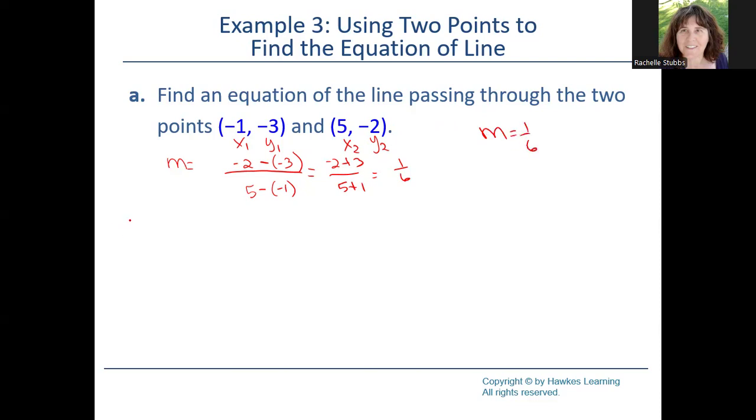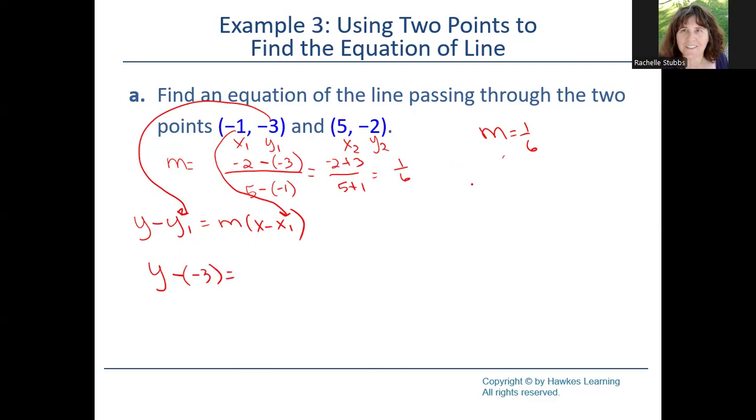Now we're going to put it into this form, the point slope form. And so we call this x1, y1. So I'm going to take this negative 3 and put it in here. And this negative 1 will go in right there. So I have y minus a negative 3 is equal to, and here's my slope, 1/6 times x minus, and x1 is a negative 1.